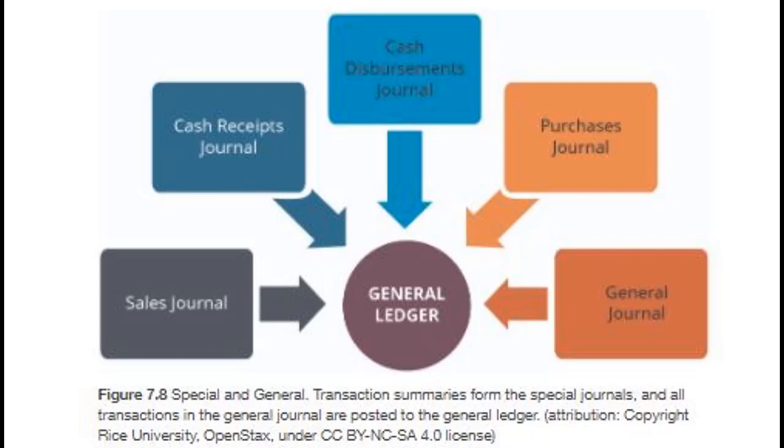But the cash receipts journal will only add up to 80, because you will also have a $20 asset called accounts receivable for the customer that will pay you tomorrow.